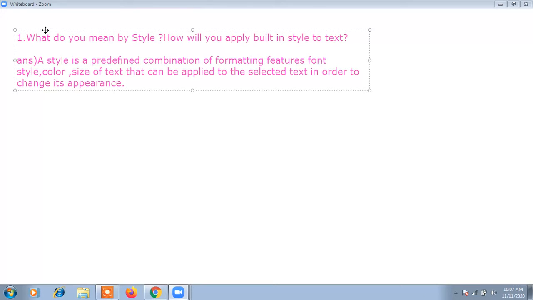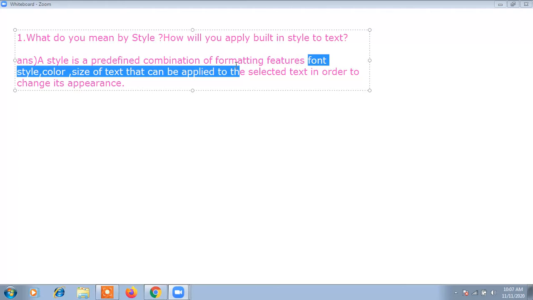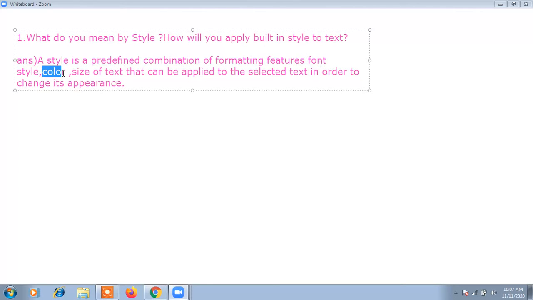So see here, the question is what do you mean by style? When I was explaining the chapter, I had told you it is a combination of font style, font color and font size of the text.